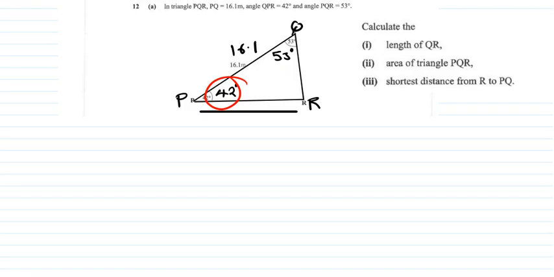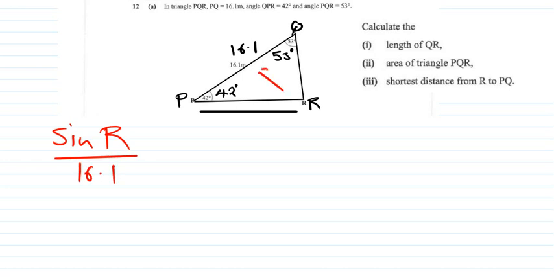So our sine rule is the sine of the angle r over its opposite side, which is 16.1, equal to the sine of another angle, 42.